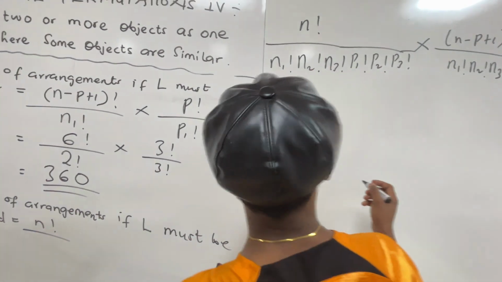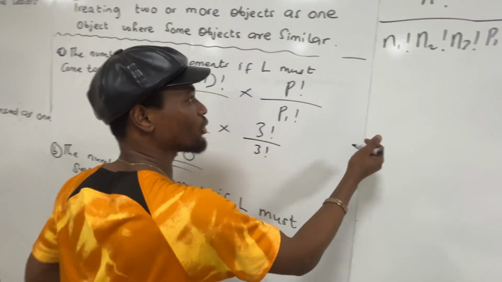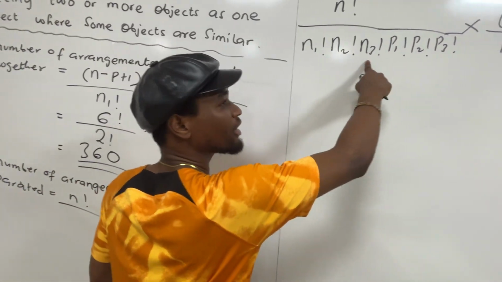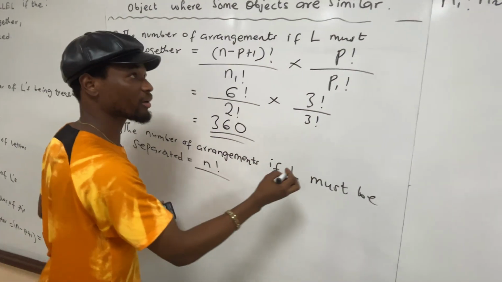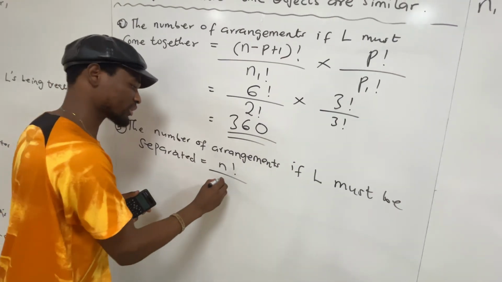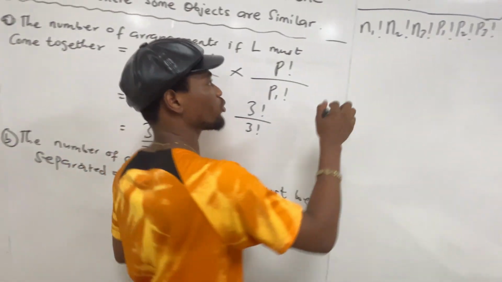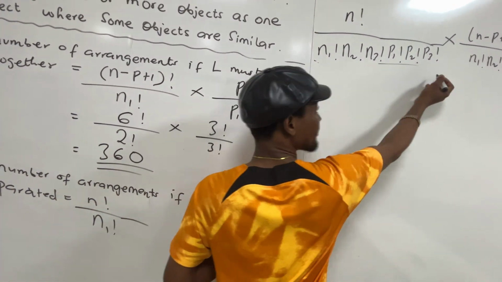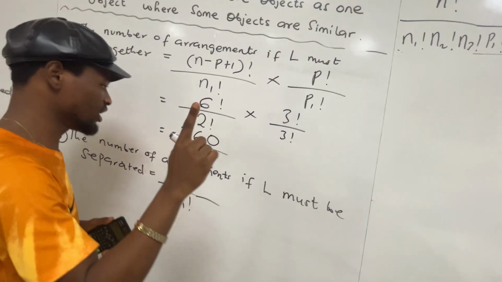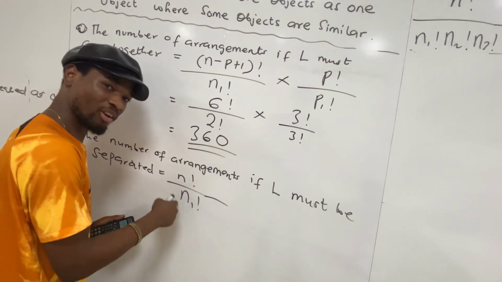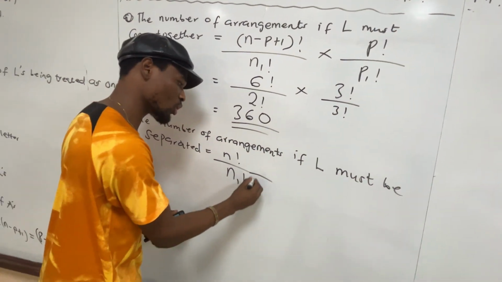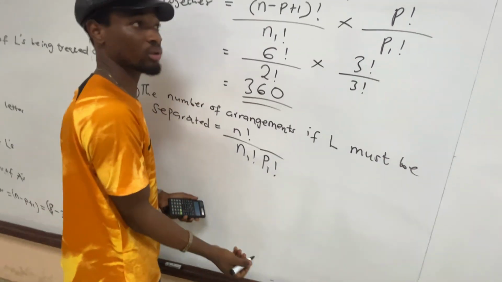But viewers, we realize that from our data, we don't have N2, N3. So here the formula becomes what? You compress it to N1 factorial. You have N1 factorial only, and P1 factorial only.